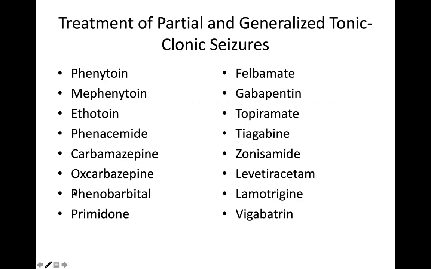When I told you there was going to be a whole lot of drugs, this is an example. For the drugs used as anticonvulsants, both for partial and generalized tonic-clonic seizures, we see a lot of these, and we'll pick some as we go through to focus on. The drugs in particular that you might want to be aware of, we will talk about a little bit more in detail today, but also later in the advanced pharmacology class.